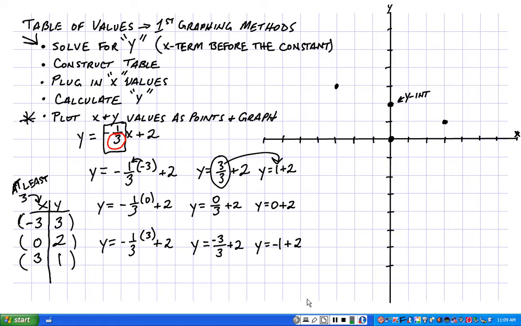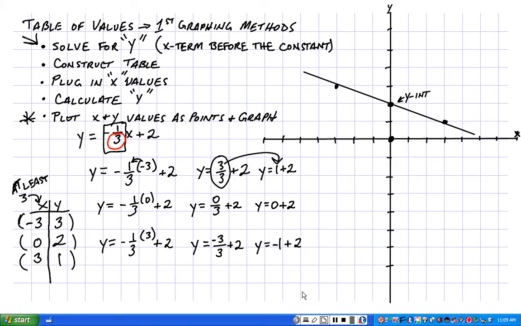We connect the dots, and let's see here what we get. Okay, that's not the best line, but close enough.